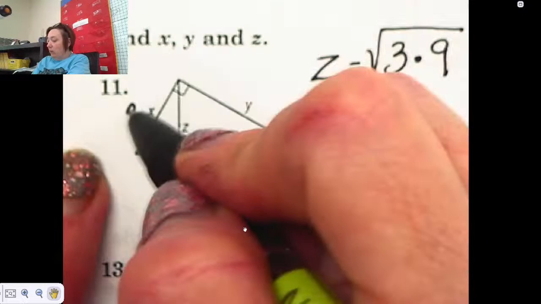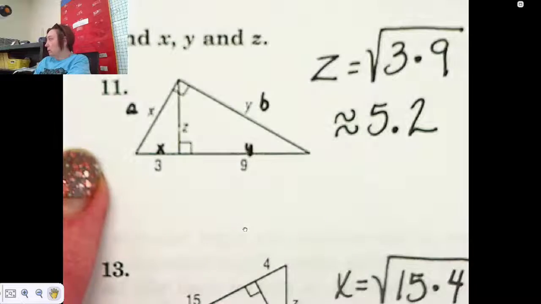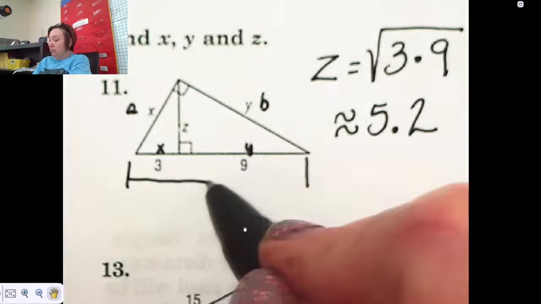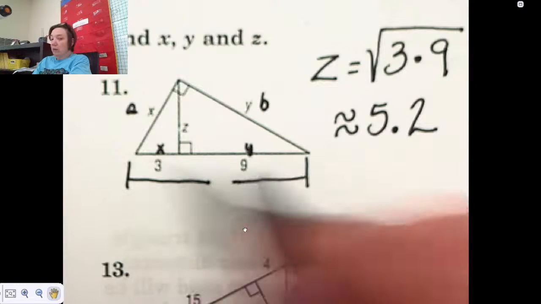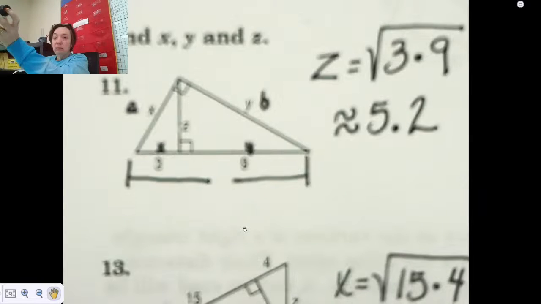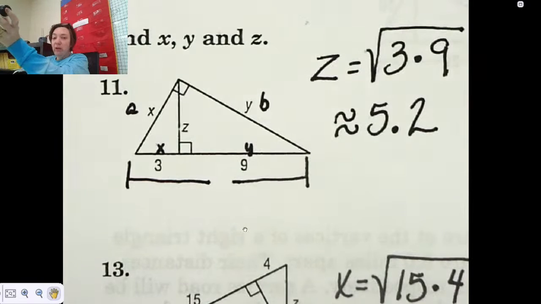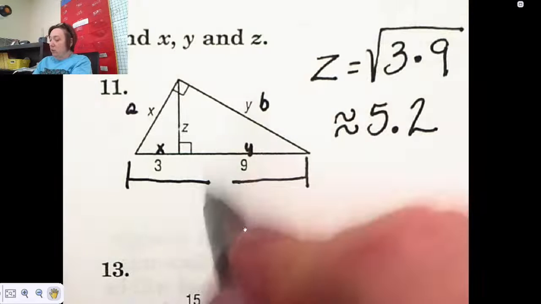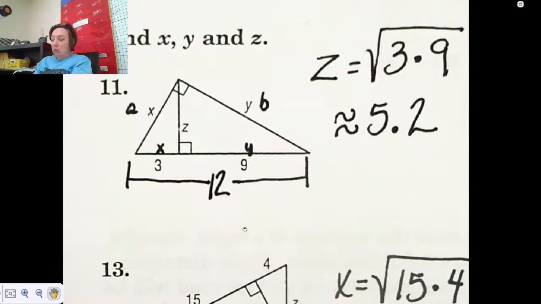This is what we've been calling A. This is what we've been calling B. Y'all see what I'm saying? What would be what we've been calling C? All of that. Do we know all of that? We could find it. All we got to do is add them together, right? So it's 9, 10, 11, 12. So all of that is 12, and that's what we've been calling C, right?